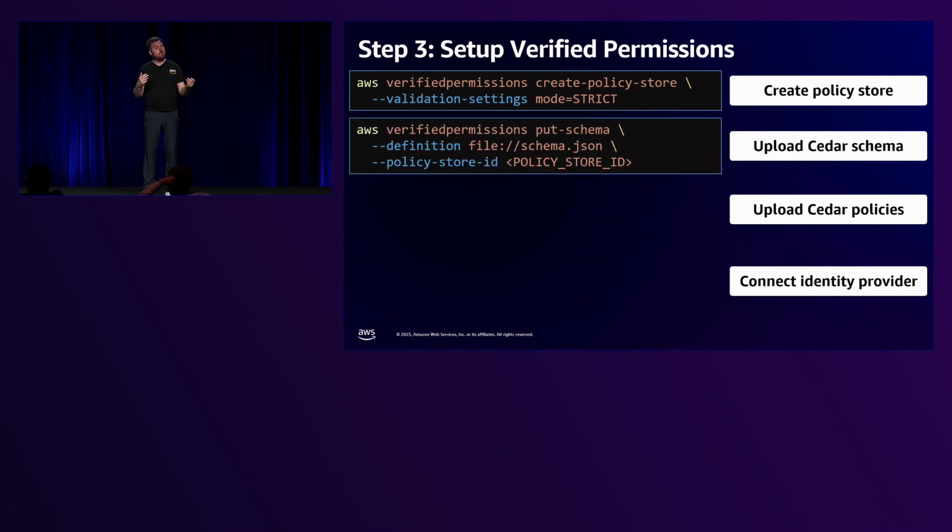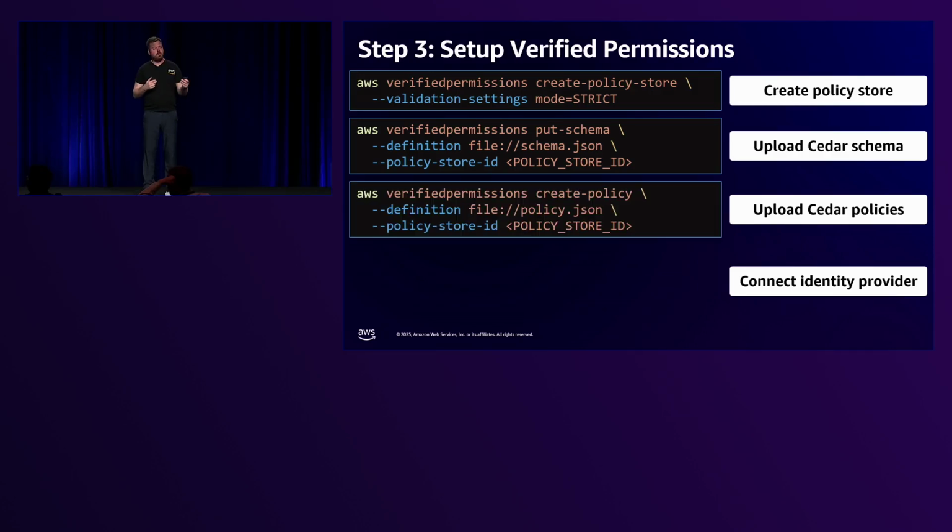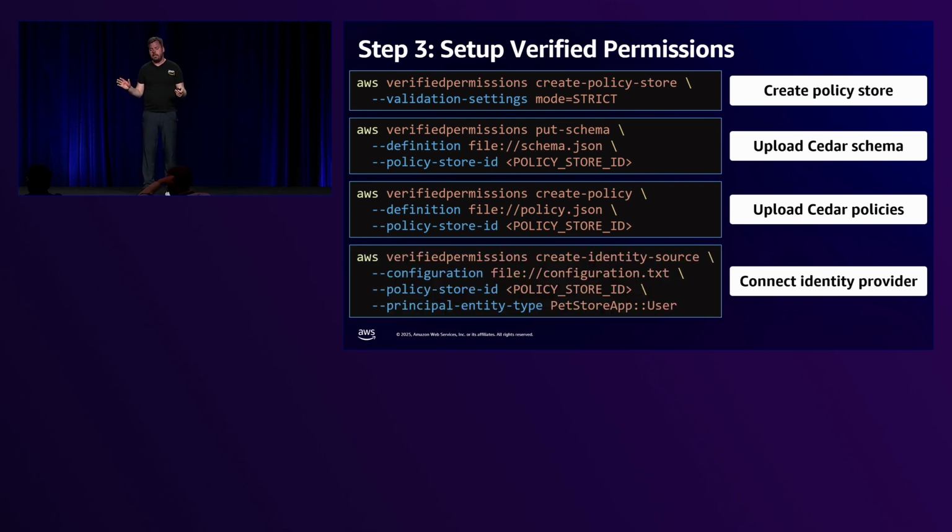We also upload and put the schema into AVP using our policy store as the target. We also upload two of our policies, the employee policies and maybe the admin policies that we saw earlier. We also connect the identity provider, which allows us to verify the token that's being issued, in this case, the identity token of the user, which contains the group memberships, in this case, employee, admin, or customer.